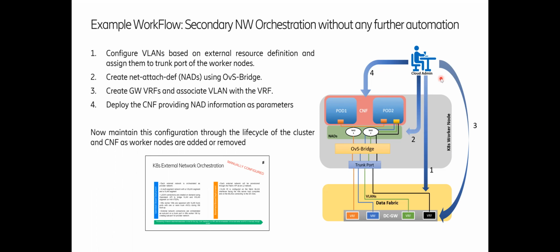In the meantime, the gateway orchestration has to be done, where the VRFs are bound with the VLANs created in step one. And once all this has been done, the admin can then instantiate the network function, which can then consume the created tenant networks, right?